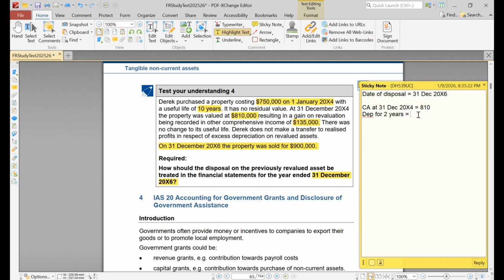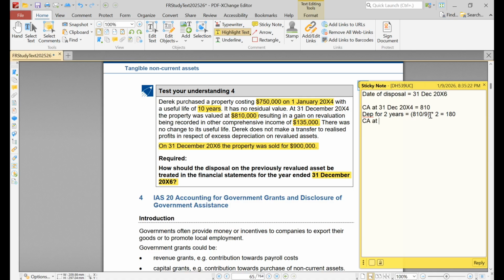So depreciation for 2 years would be 810 divided by 9 years, because from 1st Jan to 31st December 20x4 already 1 year had passed. So from 31st December 20x4 to 31st December 20x5 to 31st December 20x6, we have to find for 2 years. Divided by 9, we would get 1 year's depreciation, but we have to find that for 2 years. So this would be 180.